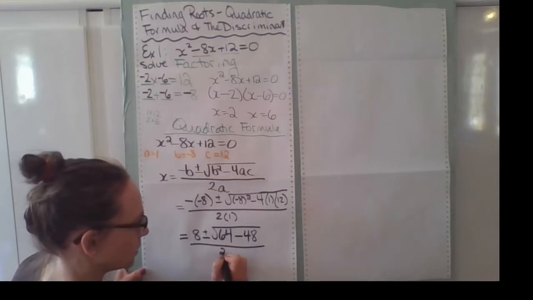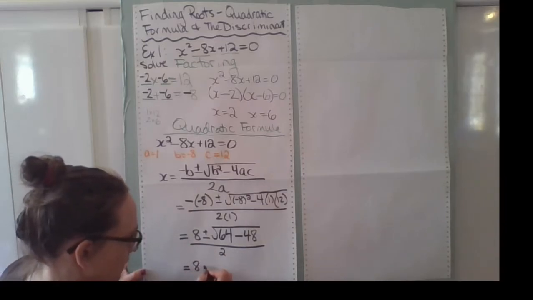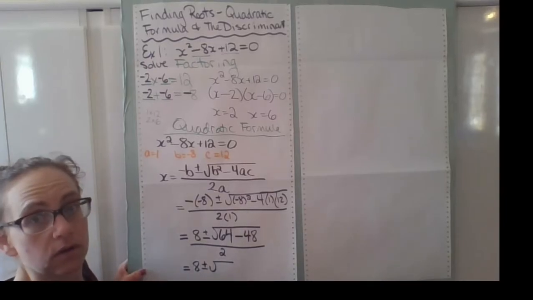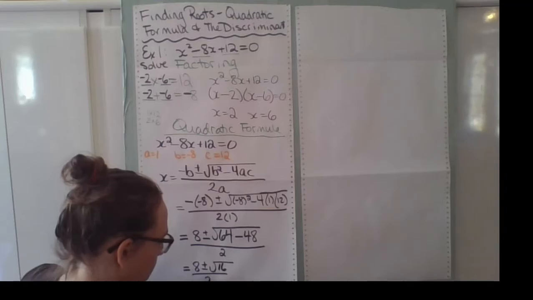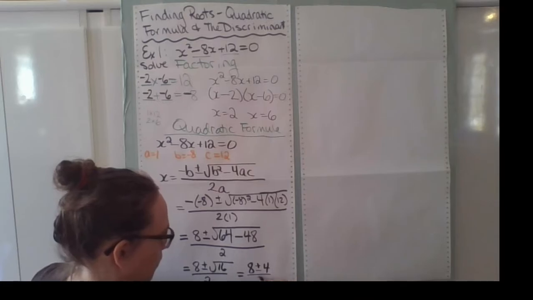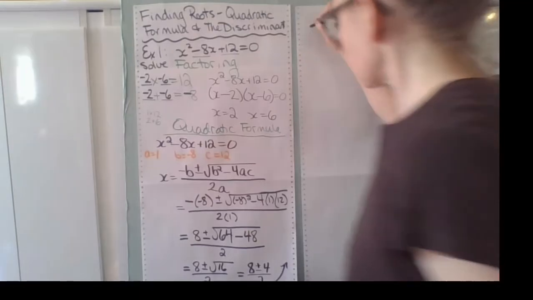All divided by 2. So we've got 8 plus or minus the square root of 16, all divided by 2, and we know the square root of 16 is really 4, so we're looking at 8 plus or minus 4 over 2. Just to finish up, we'll bring it up over here.